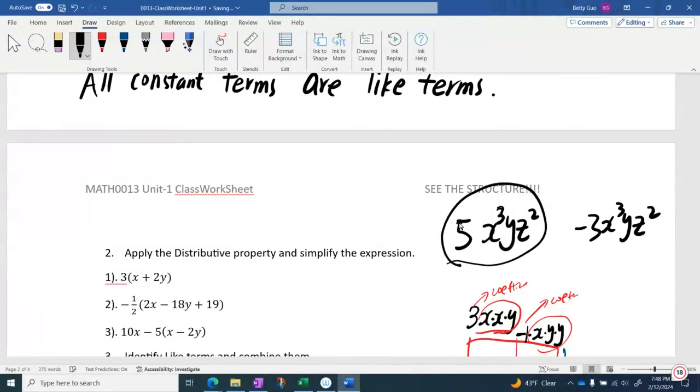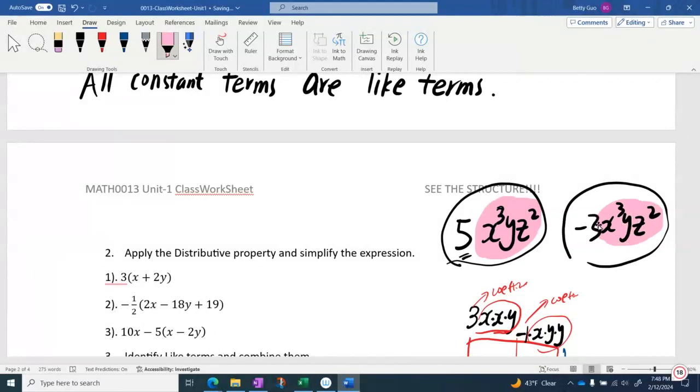This term has coefficient 5, and this is the variable part. You don't have to worry about how complicated it is. The whole pink is the variable part. And this is also a term. The coefficient is -3. The variable part is the whole thing here.